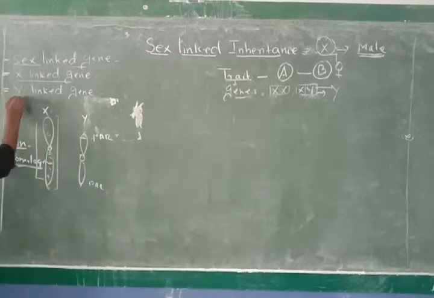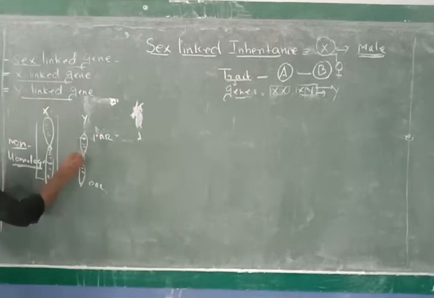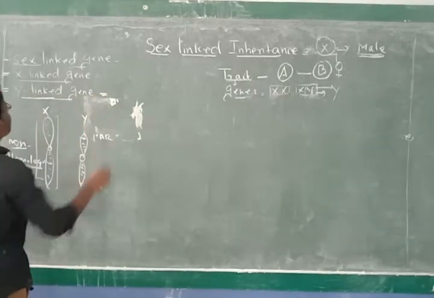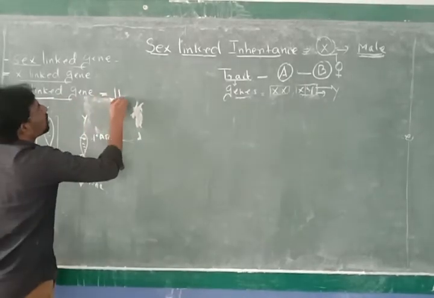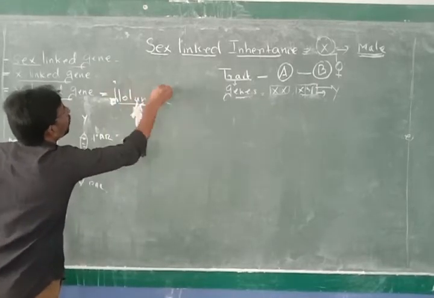Same way, with Y-linked genes, the genes located only in the Y chromosome will not have any corresponding region on the X chromosome. Is that clear? Right. So we call these Y-linked genes, otherwise called Holandric genes. Very important, look at it for a 2-mark question afterwards.